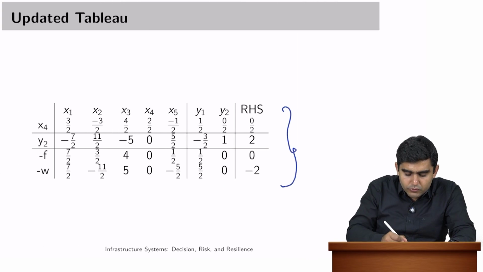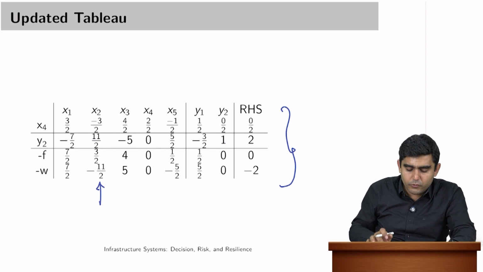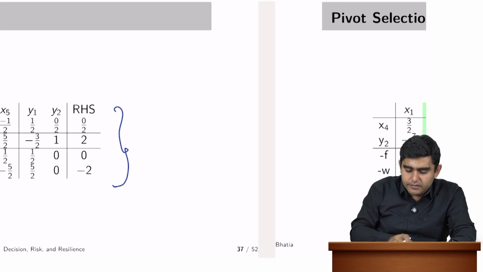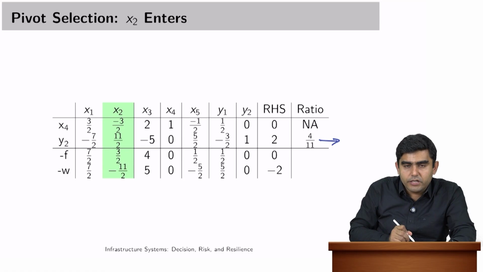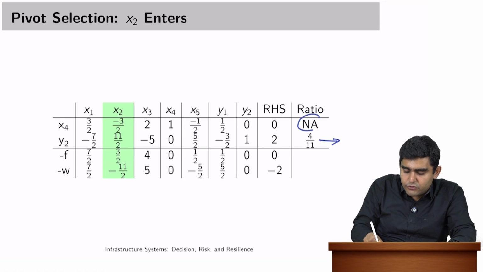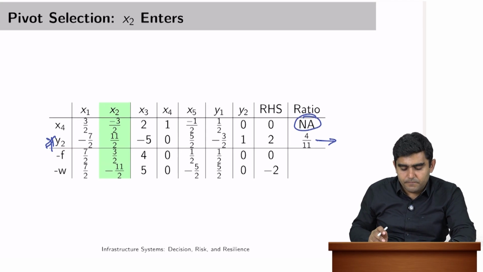Now our next variable will enter which has the maximum negative coefficient, as a result of which we will eliminate y2 in our next calculation, because here the ratio becomes not applicable. Why? Because this coefficient is already less than 0, as a result of which this would not be a binding constraint. So, we would have no choice but to eliminate y2 from the solution.